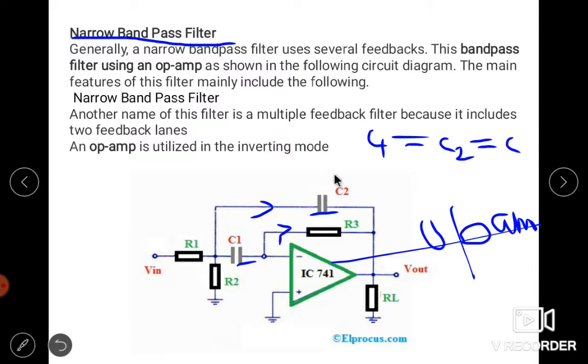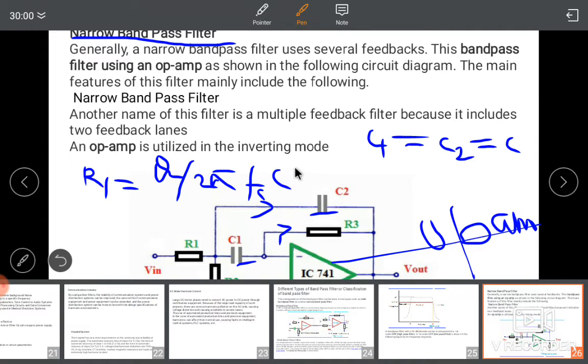What does this mean? It means that resistance R1 is equal to the quality factor Q divided by 2 pi, the cutoff frequency fc, C, where C is C1 equal to C2, and some gain.